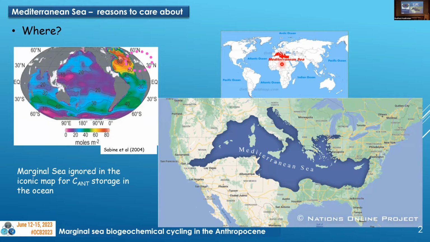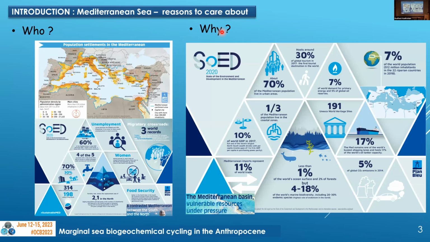As Brenda told you before, it was completely neglected, as many other marginal seas, in the first estimation on anthropogenic carbon storage in the ocean by Sabine and collaborators. But as I will tell you, it is beautiful, although affected by many problems.